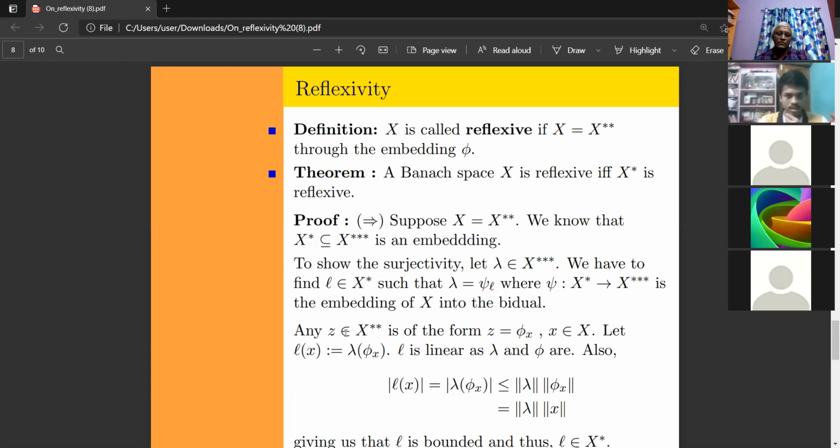Now, if Z belongs to H double star, then Z is equal to some phi h, where h belongs to H, because H is reflexive. And what we can say is that we can define L of h as lambda of phi h.